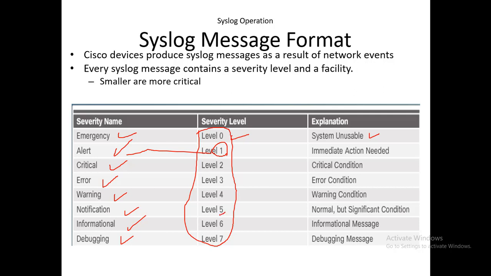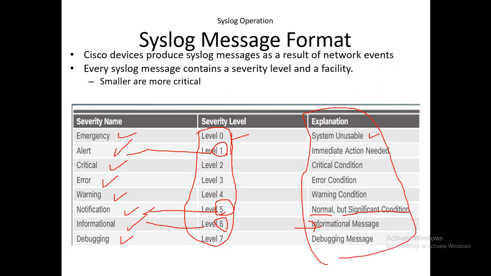If the user sees level 5, the user will think that it is some kind of notification message, a normal but significant condition. Similarly, level 6 shows informational messages. You can see that these are all nothing but messages.